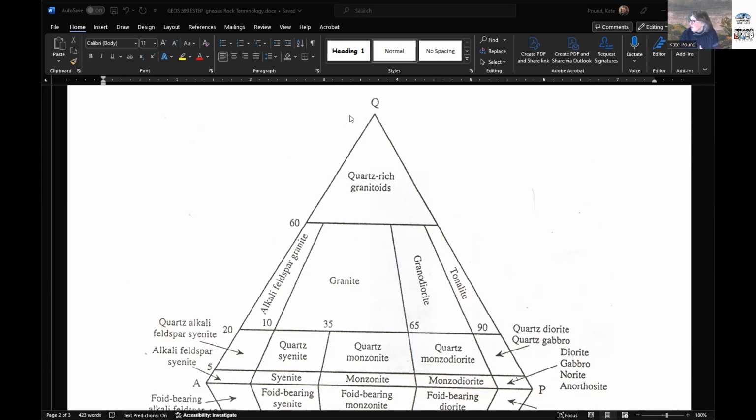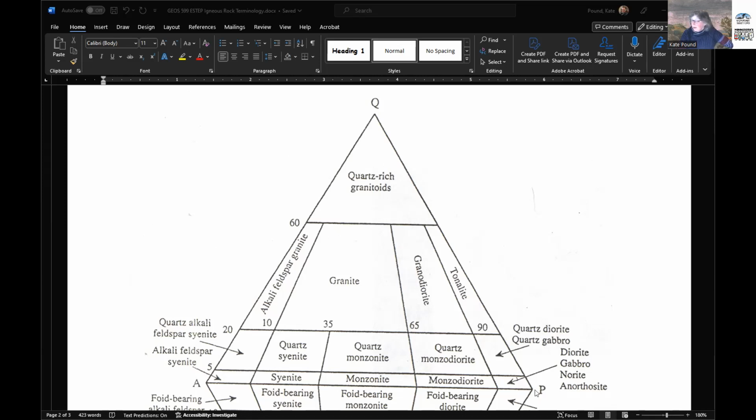In the case of this classification, which I do not want you to sweat over, but I do want you to know that it exists, because a lot of the terms here are terms you may hear geologists using. So in this case, A stands for alkali feldspar, Q for quartz, and P for plagioclase feldspar.